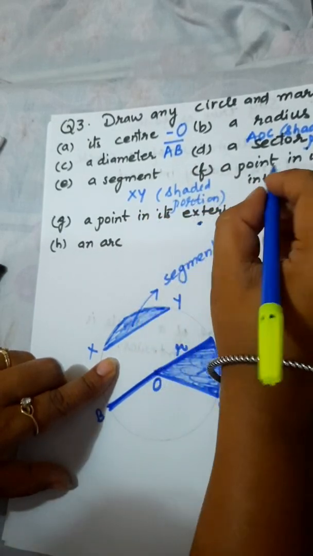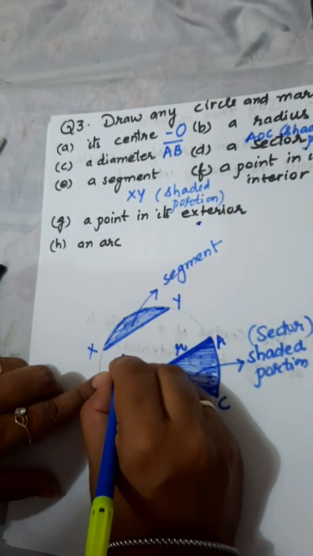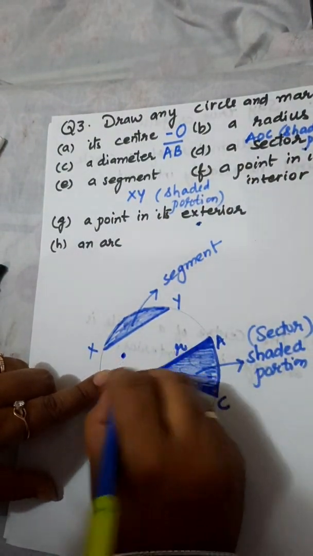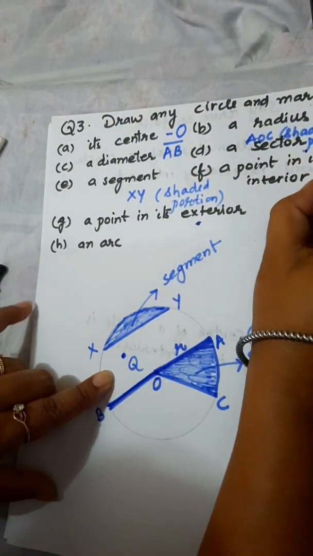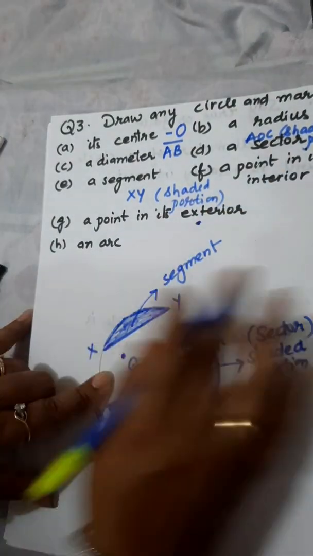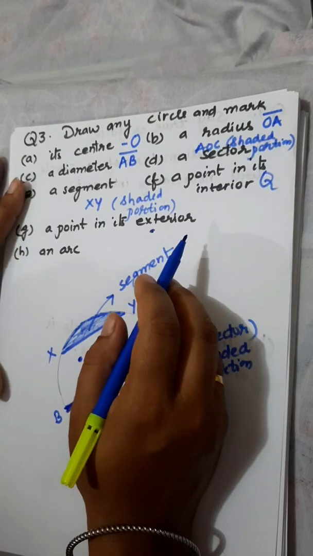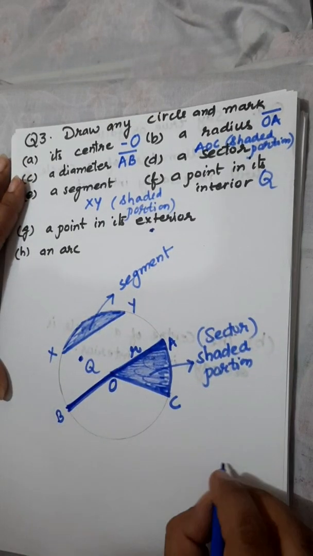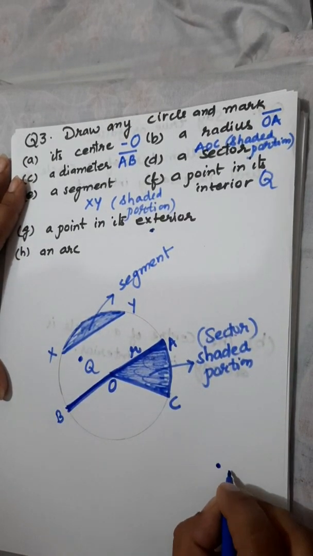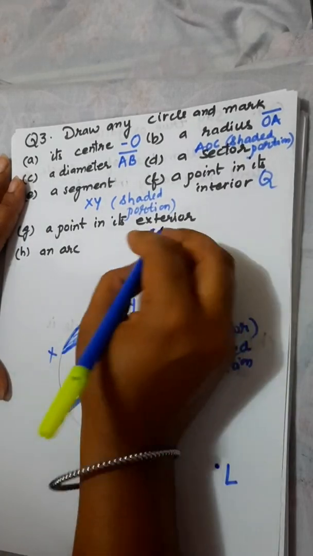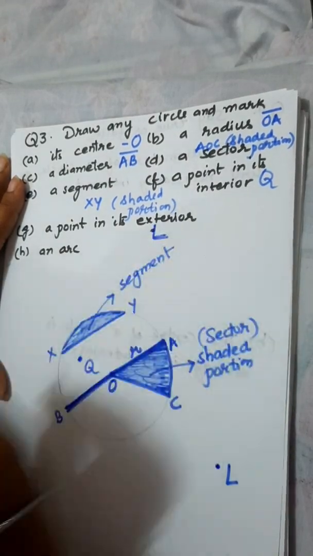A point in its interior. You can mark any point in its interior. So let's say Q. Here a point in its interior is Q. Then a point in its exterior. Exterior means outside. So mark any point over here. So I'll let it be L. So a point in its exterior is L.